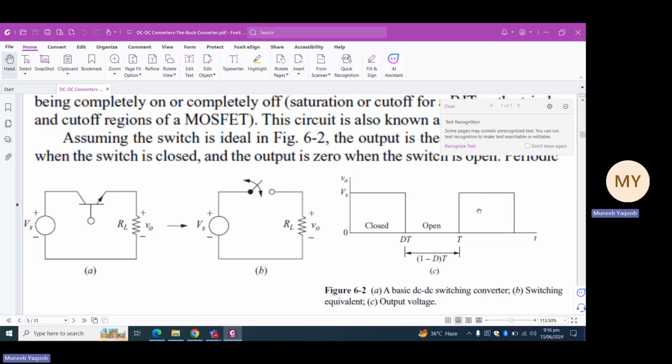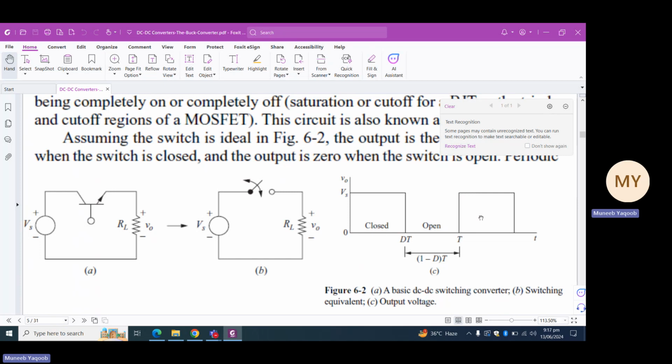Rather, we are using this BJT as a switch. So now either it will be operated in its saturation region or in its cutoff region. If the BJT is operated in its saturated region, it will be considered as the switch is closed.